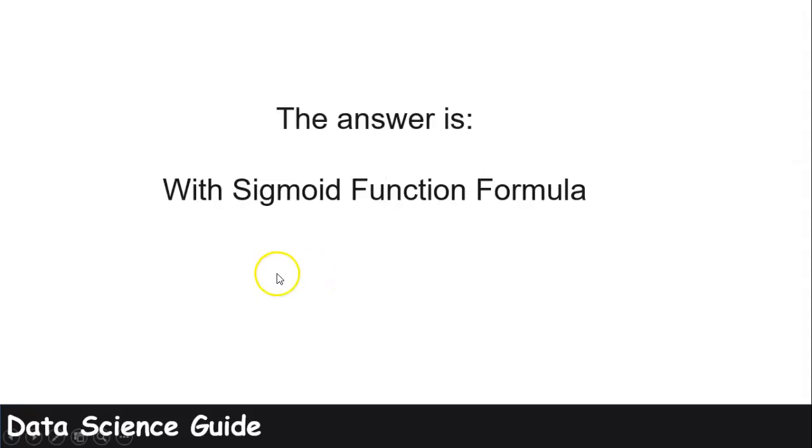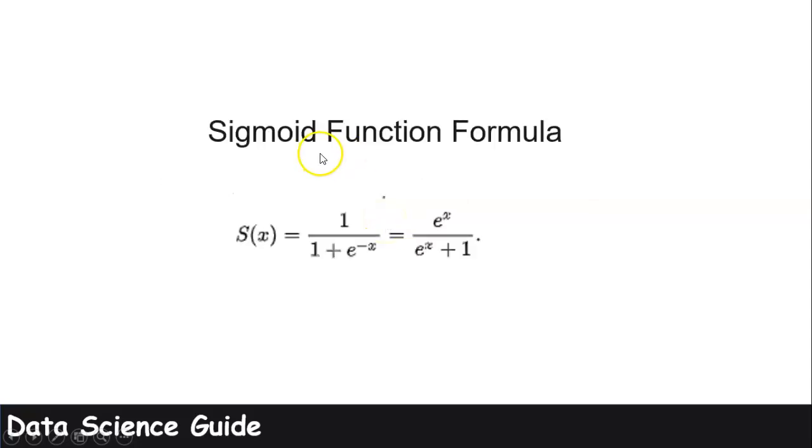So how are we going to fix this problem? This problem can be fixed with a sigmoid function formula. Sigmoid function formula equals 1 divided by 1 plus e to the power of minus x, which equals e to the power of x divided by e to the power of x plus 1. So with this formula, we can solve the problem of the slope line.